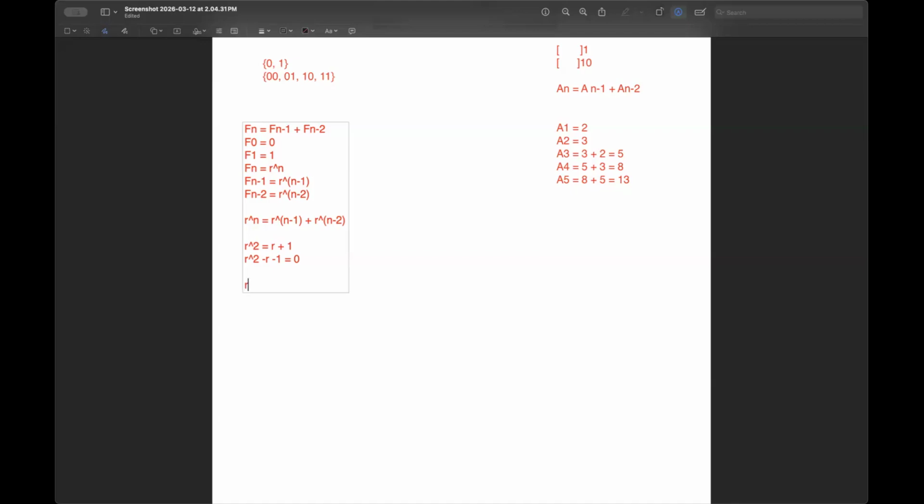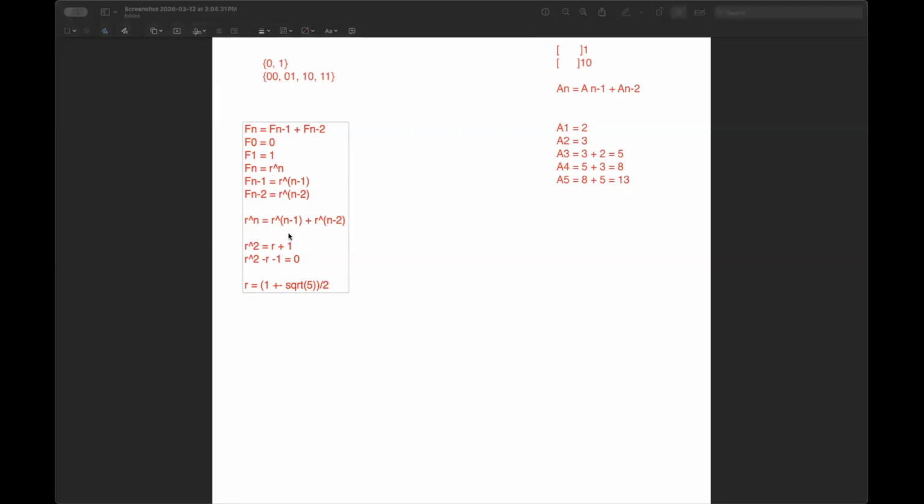We've got r has 2 roots, is equal to 1 plus or minus the square root of 5, all of that divided by 2, right? Is it easier to do it this way, or should I just try and use the pen? All right, I'll try and do it this way.